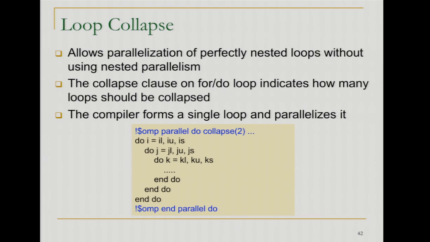So if you look here, this one says parallel do with collapse(2), that says parallelize the following 2 loop levels. So that's the I and J here. Okay, so OpenMP will combine those to create one big iteration space, and we'll parallelize that. We'll map those to the threads. So yes, you can parallelize more than one loop level, but you have to do it this way.